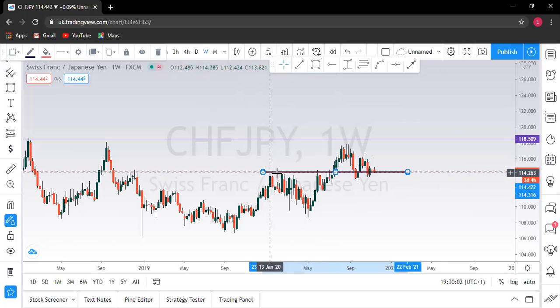We have 1, 2, 3, 4. Then the market broke it. Then the market pulled back into this zone to retest it. Right? So look at it again. The market came back for another retest on this same resistance, making this resistance a very strong level. You understand?